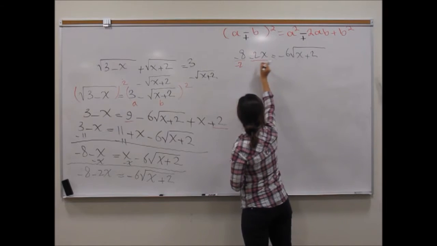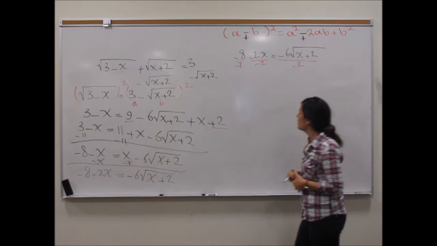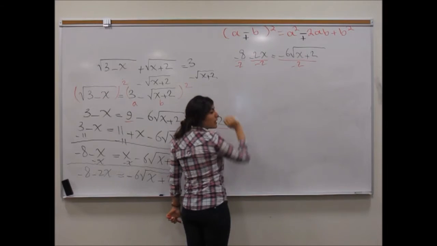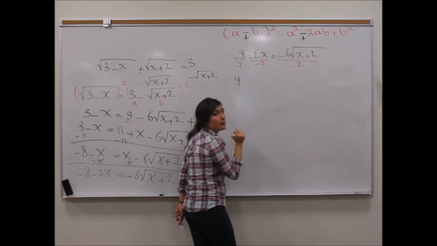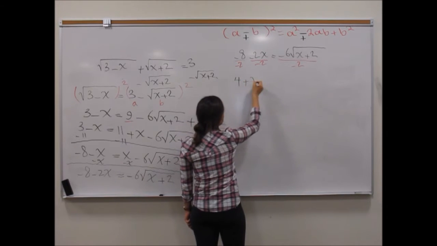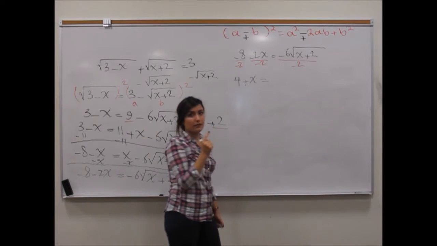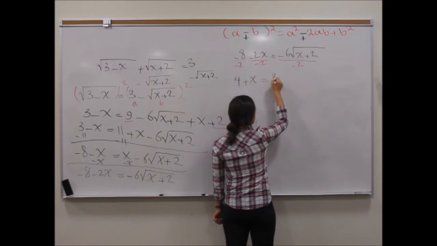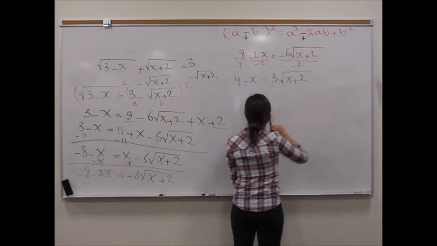Negative 8 divided by negative 2 gives me 4. Negative 2x divided by negative 2 gives me just x. And negative 6 divided by negative 2 is 3. So 3 radical x plus 2.